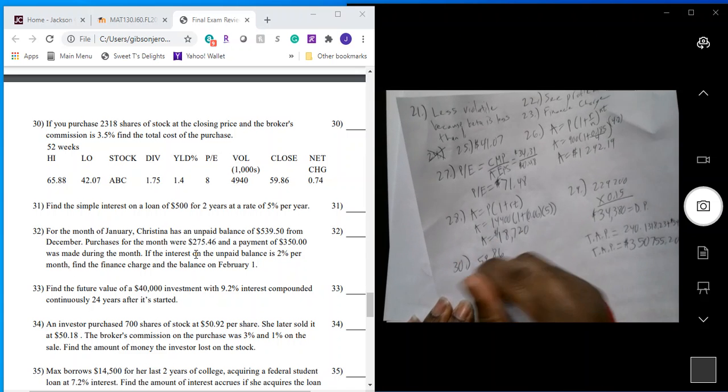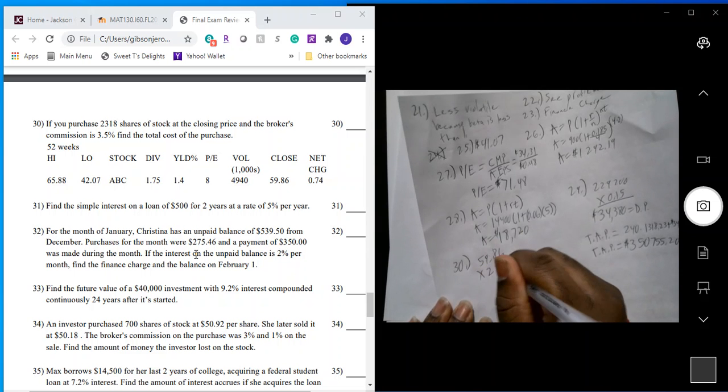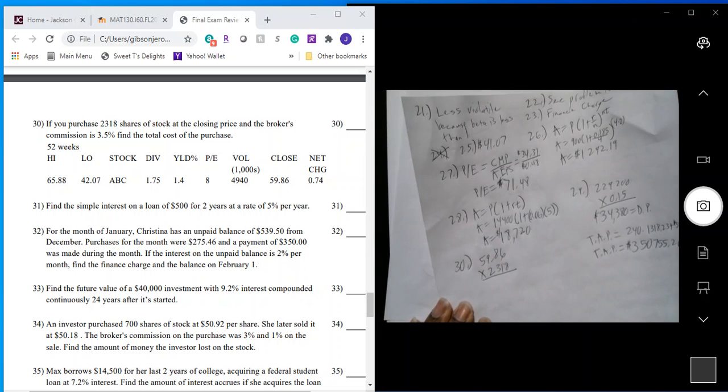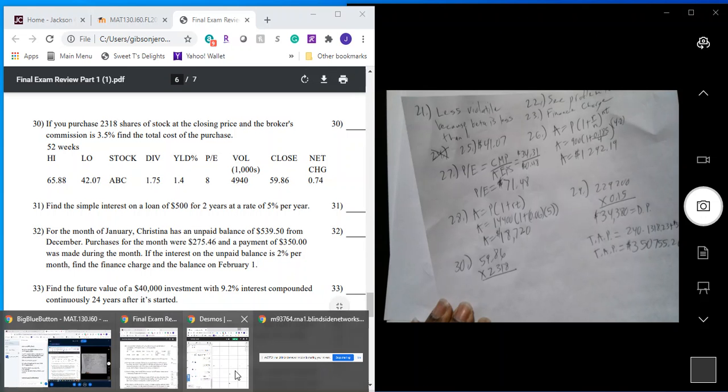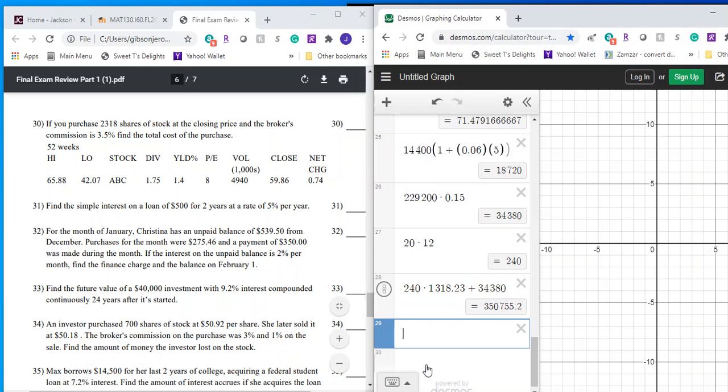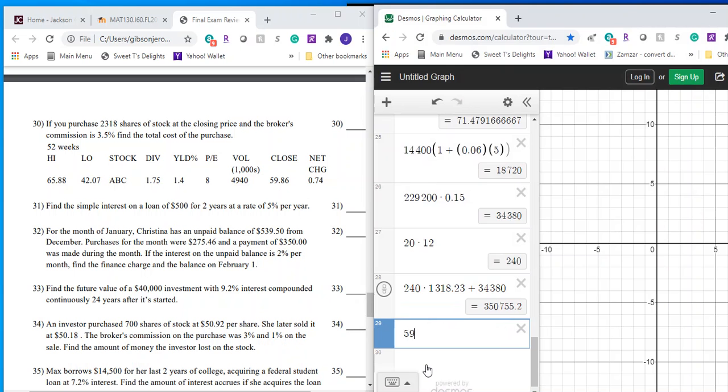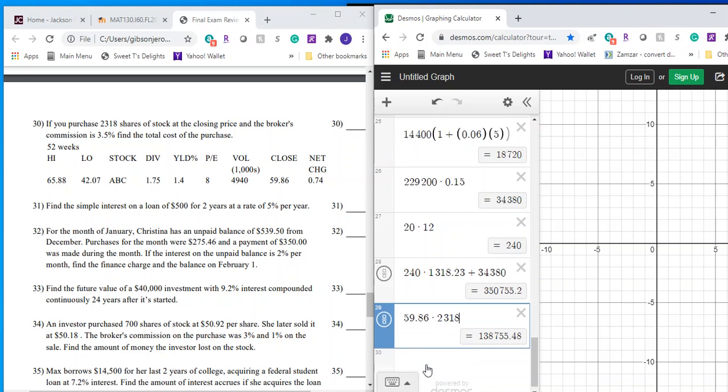So we'll multiply that by the 2,318 shares. So 59.86 times 2318. So that'll give us $138,755.48.